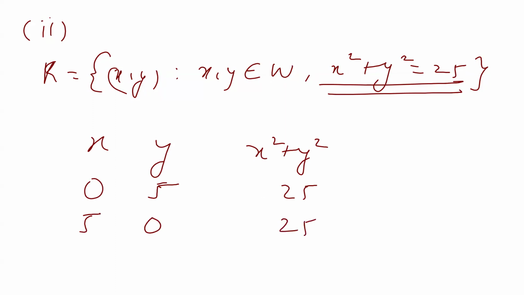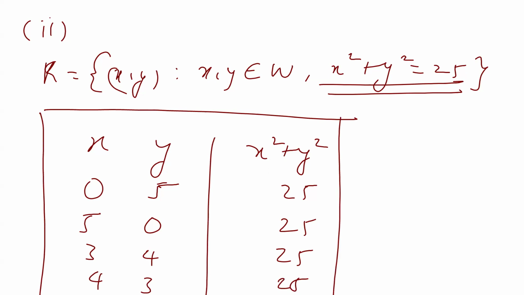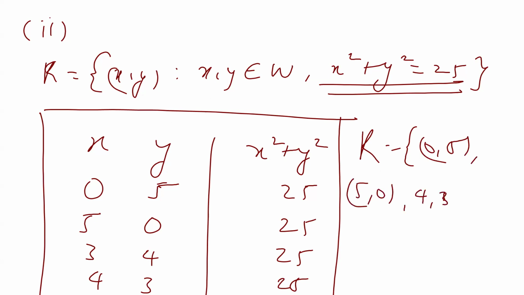If I take 3 and 4, 3 square plus 4 square is 25 once again, and 4 and 3. Again, it is 25. So the answer over here is there are 4 ordered pairs: (0, 5), (5, 0), (4, 3), (3, 4).